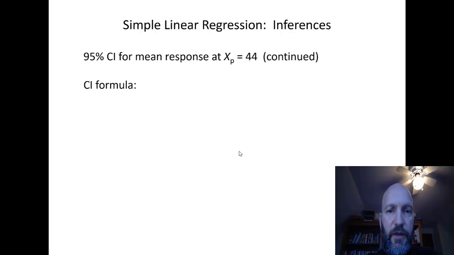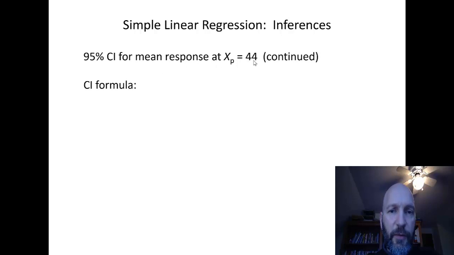We just calculated a point estimate for the average response variable when x is equal to 44,000. What we want to do now is calculate a confidence interval. In other words, we want to know how much variability is there in that estimate. And again, keep in mind we're doing this for the mean, for the average response.